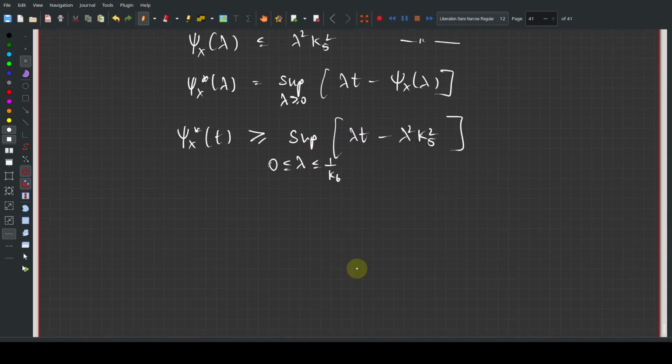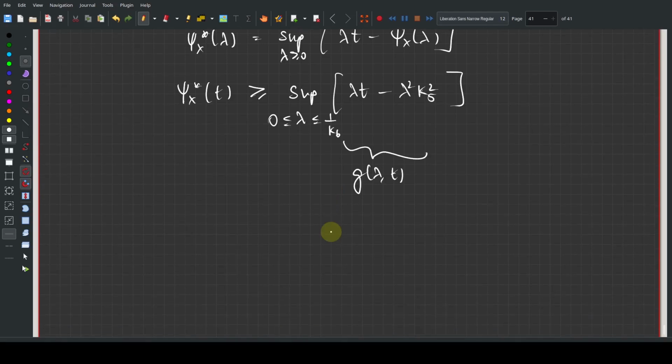Now remember, this is a function of both lambda and t. Well, I could just take the partial derivative and set it equal to 0 and find out where the stationary points lie. What does this give me?